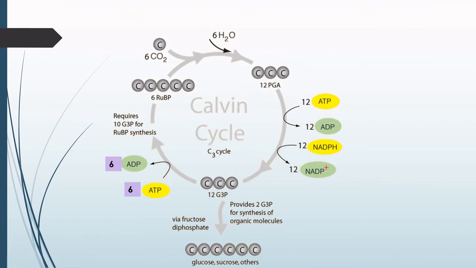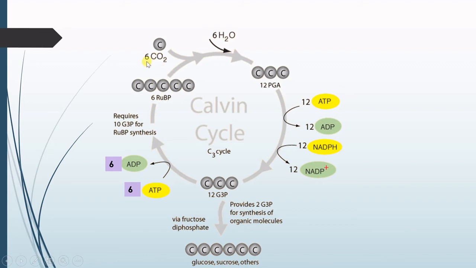Let's see another representation which will help you to understand the carbon balance sheet of C3 cycle. So while studying dark reaction cycles, you have to understand correctly the carbon balance sheet. So here we are starting from RuBP. RuBP is a 5 carbon compound, and we are taking 6 molecules of RuBP, means 6 into 5, 30 carbons.